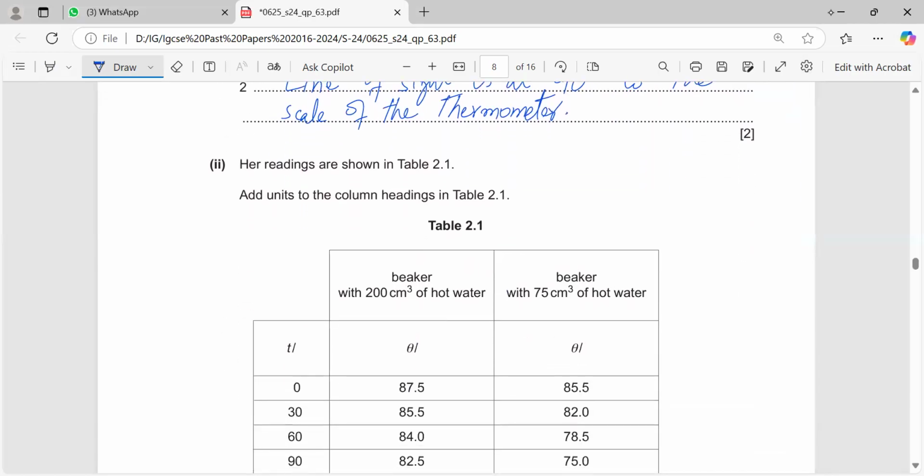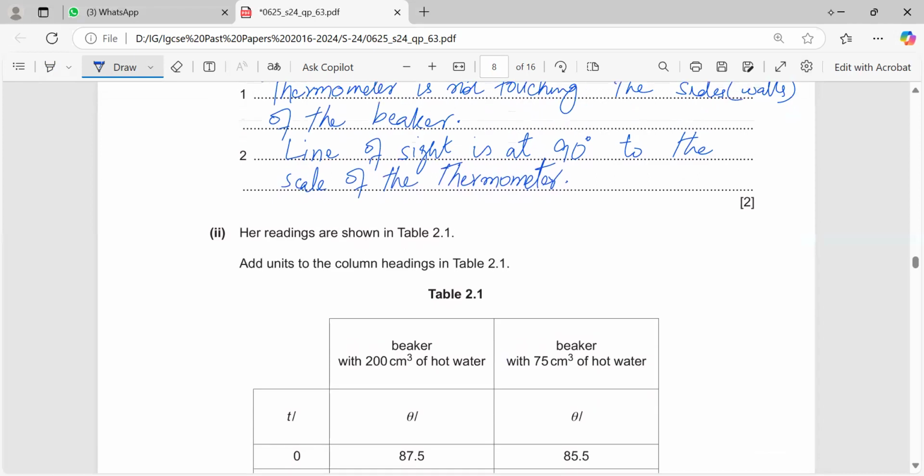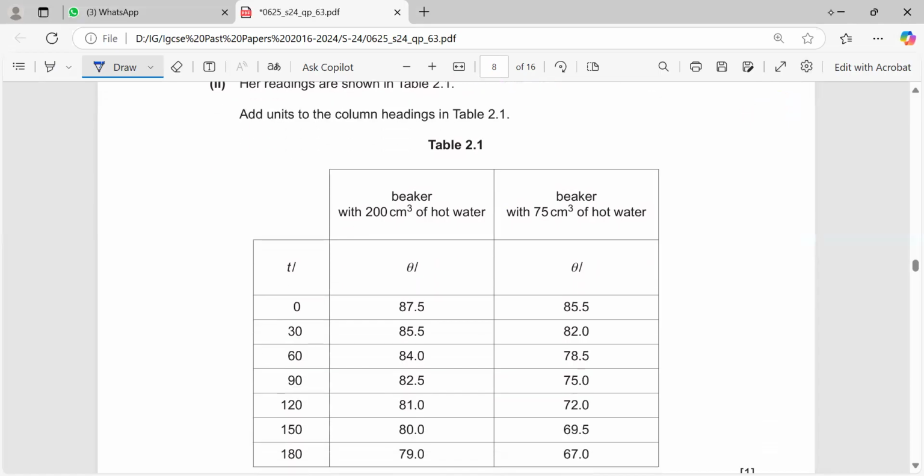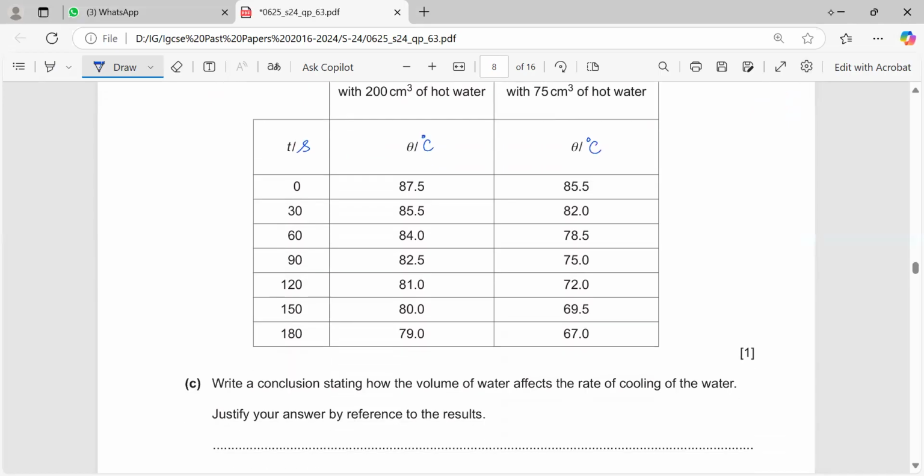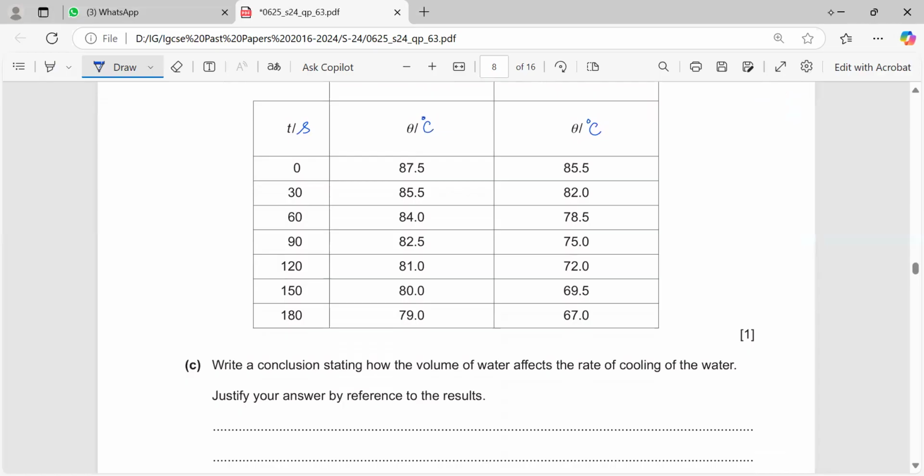Her readings are shown in table 2.1. Add units to the column headings in table 2.1. So time is in seconds, temperature is in degrees Celsius, and again temperature is in degrees Celsius. Write a conclusion stating how the volume of water affects the rate of cooling.